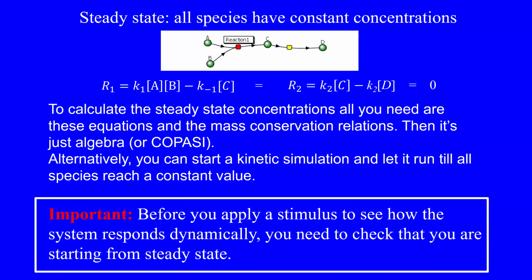As I said, COPASI has some algebraic routines that allow you to calculate the steady state before you add your stimulus, or you can just run the simulation out to steady state. You can do that either in COPASI or VCell, and let it just reach steady state. You can do that in either system.